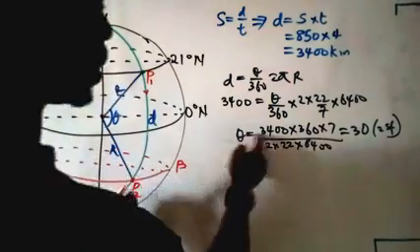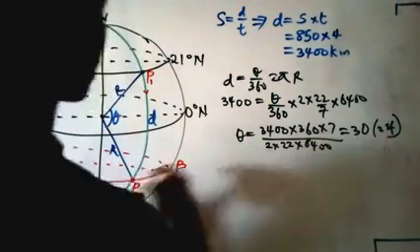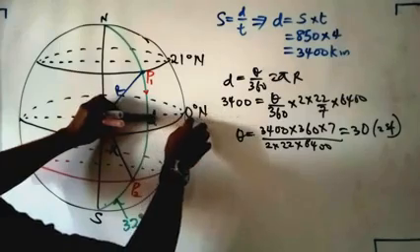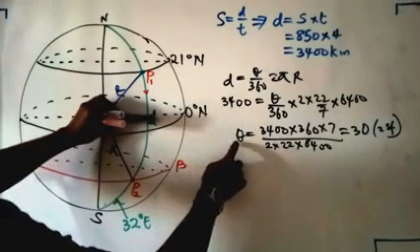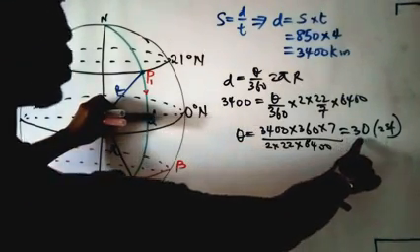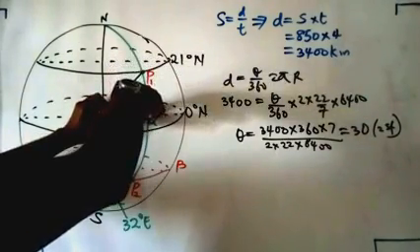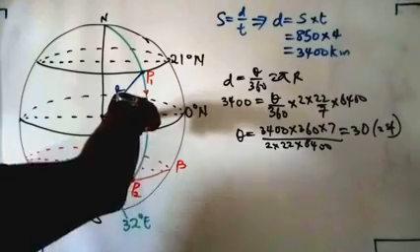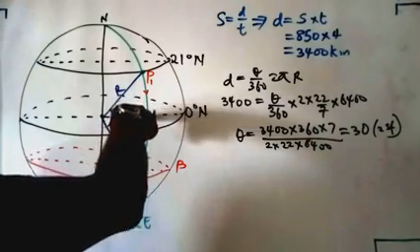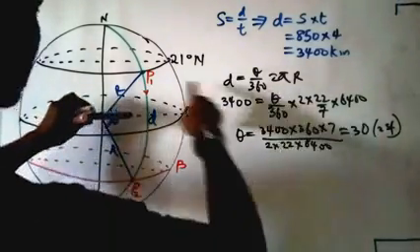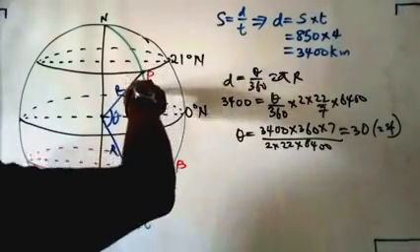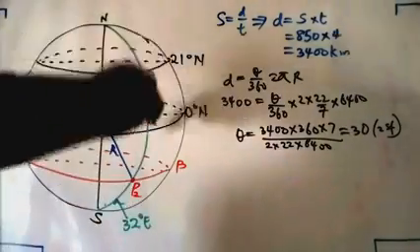So if after calculating I got 21 here, it means that point is on the equator. If after calculating my theta, I got 21 here, it means it just moved from 21. Subtract 21 from 21, we're going to have 0. So that means it's exactly on the equator. But look at this case. It moved from here, it got to 21, it got beyond 21.